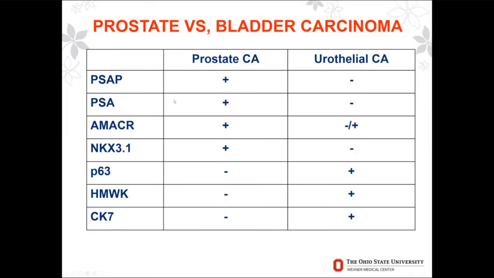The other reason why we use immunostains in bladder cancer is to separate bladder cancer from prostate cancer, because poorly differentiated tumors can look like bladder or prostate in that setting. So I will always use two markers. I don't use a single marker. For bladder, I rely heavily on GATA3.